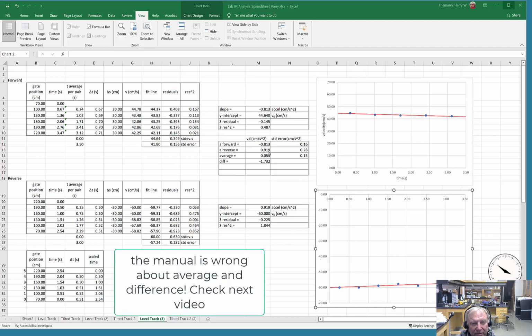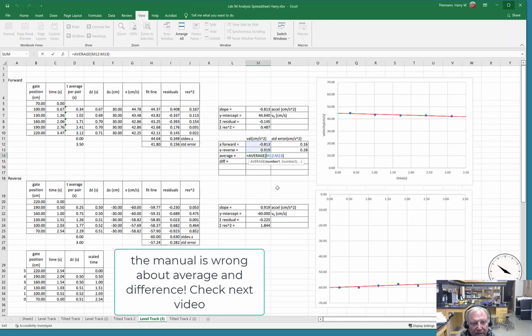If average, so what happens with average? We add the two of them together and we divide. So, right, if the two of them, let's think about that. So we're adding together, they could be positive or negative.